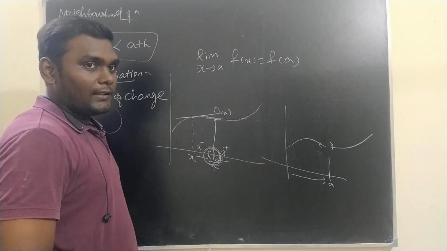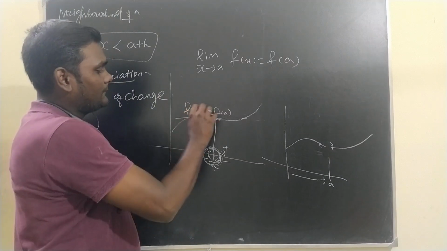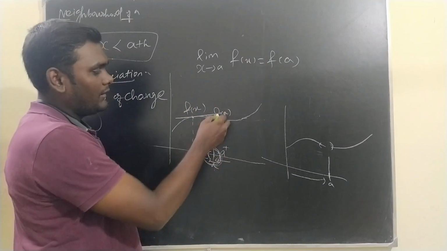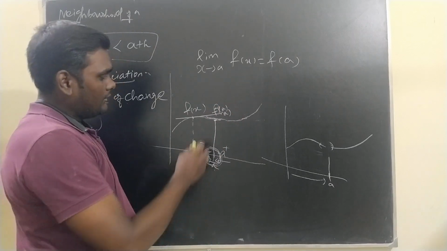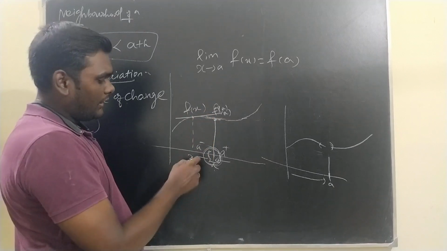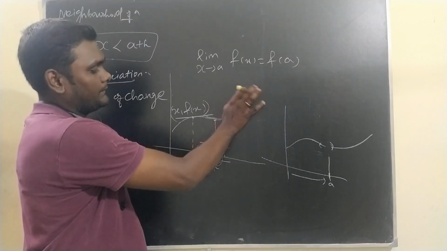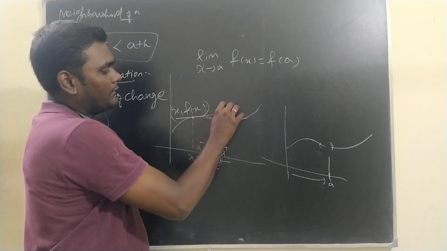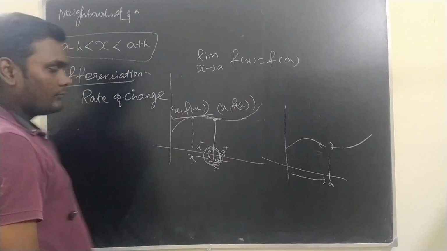Okay, as I said, it is the slope of tangents. You just mark these points. This is f of x. This point is a. That point is f of a, and this point can be denoted as the x coordinate, y coordinate: x comma f of x. This particular point is a comma f of a.